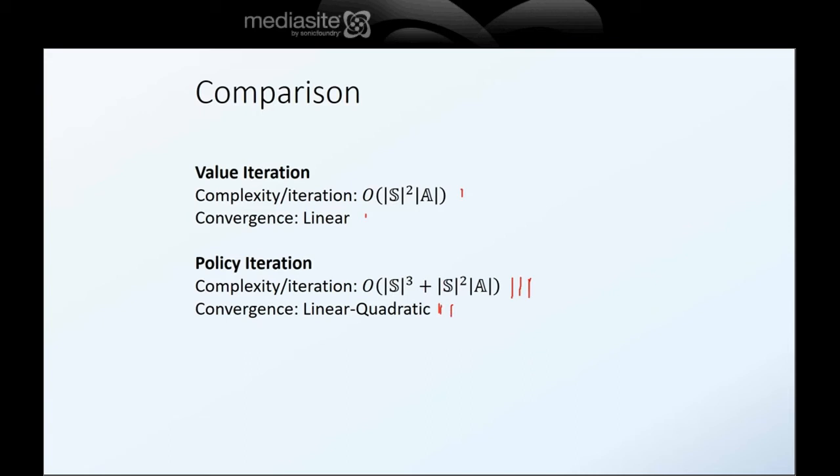Another observation is that one doesn't have to keep repeating policy iteration until the optimal values V star of S are obtained. As soon as the optimal policy is obtained, the algorithm can quit without running any further.